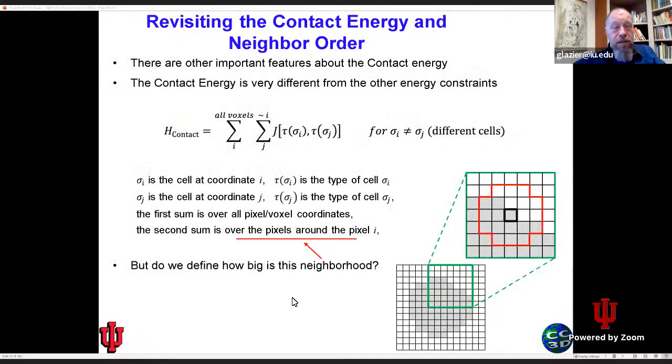I wanted to come back now, having graded the homeworks, to this issue of neighbor order and contact energy, because this is a little bit confusing. And I gave you a homework problem, the second homework problem for last week, that was reasonably tedious to do by hand.